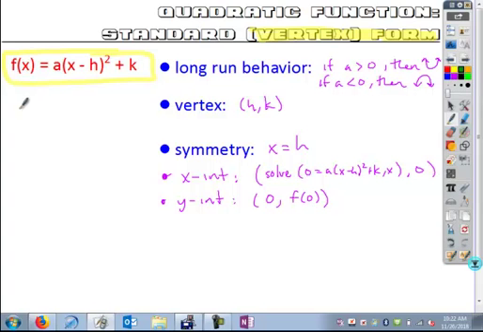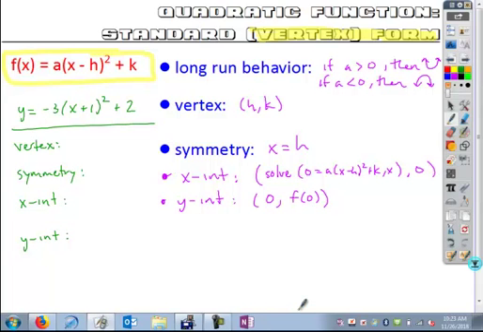Okay, so if we took an equation that looked like this, I want you to see if you can find here really quickly what the vertex, the line of symmetry, the x and y intercepts would be for this. And see if you can find those values, please.